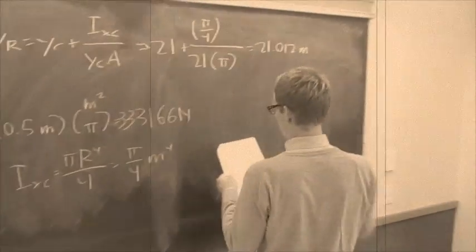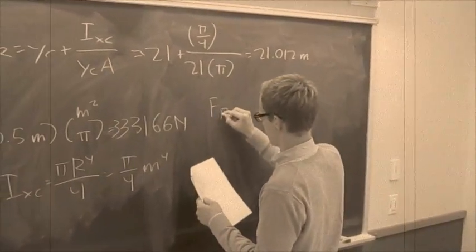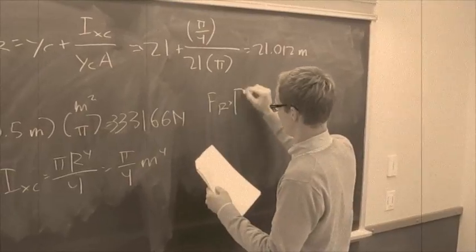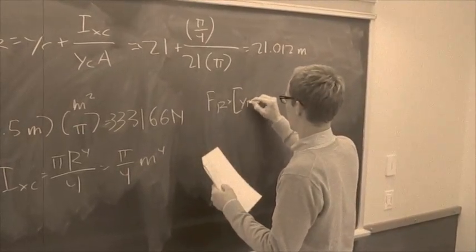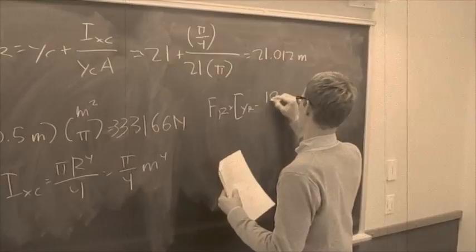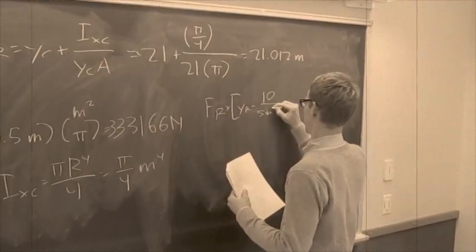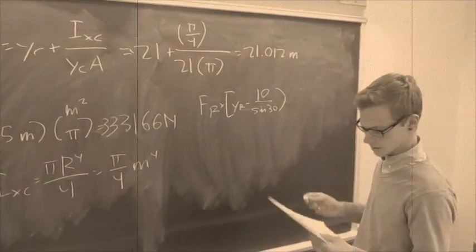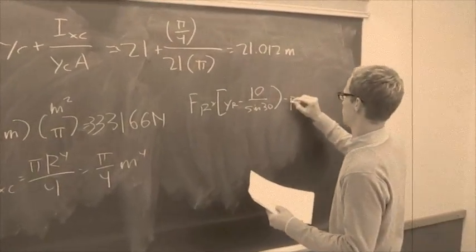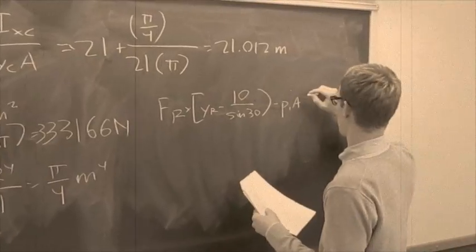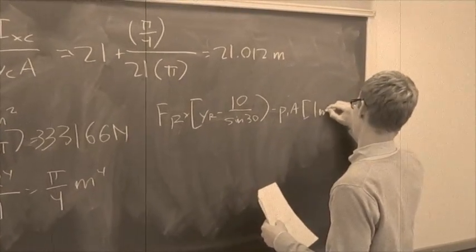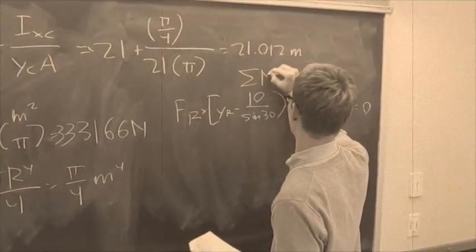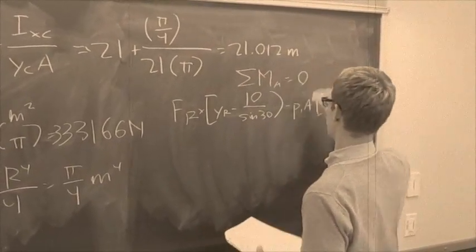So you obtain that Fr will be acting in a positive sense, trying to turn it, so times Yr minus 10 sine 30, which is the distance from the surface to the hinge at A, minus P1A times 1 meter, equal to 0. And this whole thing is summing moments about A equals 0.